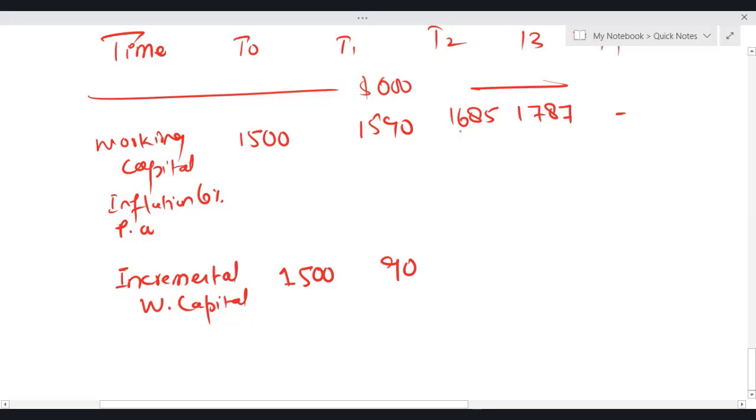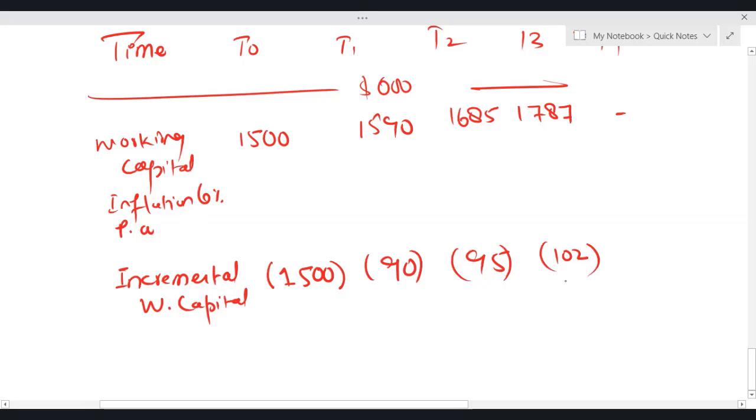See the difference? 1685 minus 1590, I'm getting 95. 1787 minus 1685 is 102. So the incremental working capital requirement is 1500, then 90, 95, 102.